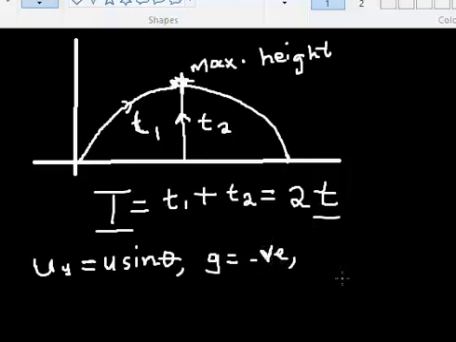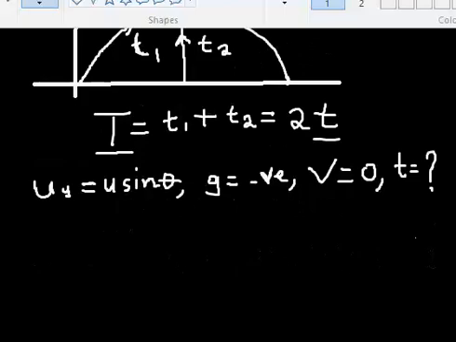What again do we have at maximum height? Don't forget at maximum height, since we are considering upward movement, final velocity is equal to 0, and we are looking for the time to reach the maximum height. So considering these four parameters, which equation of motion goes?